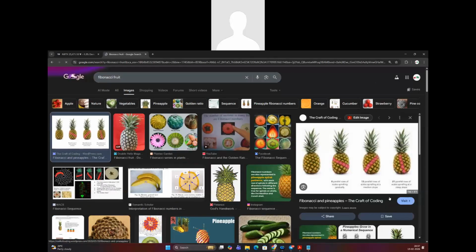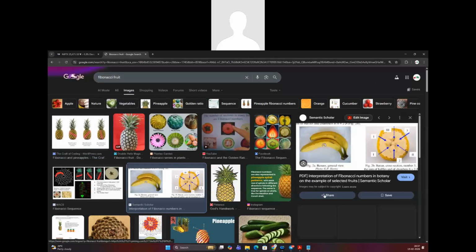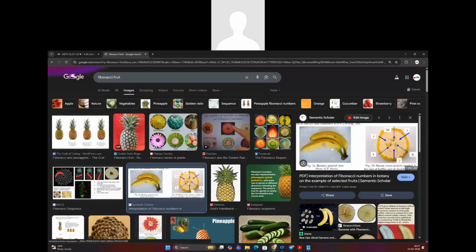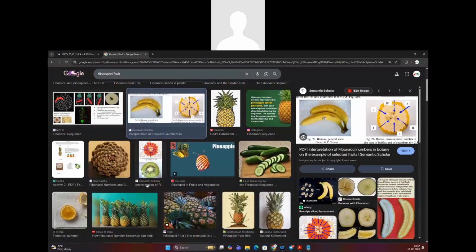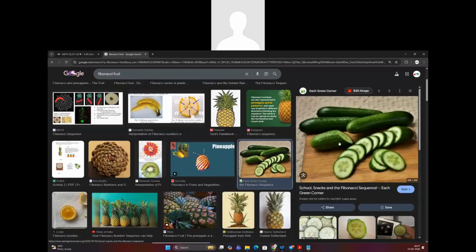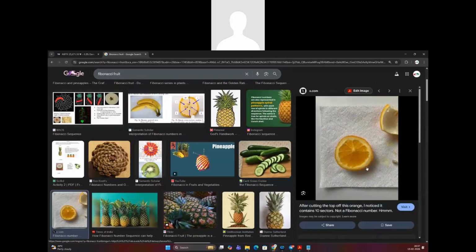Pineapple follows the Fibonacci sequence. The banana seed inside the banana looks like a Fibonacci sequence. See this fruit, cucumber also follows the Fibonacci. See, orange follows Fibonacci numbers.